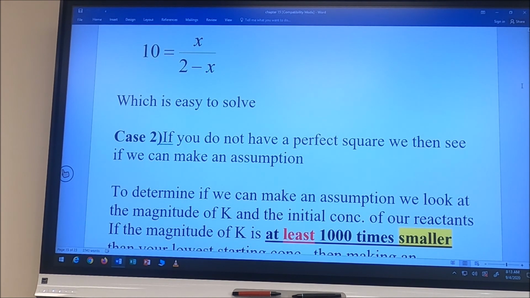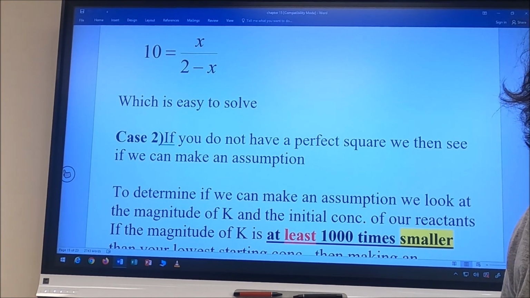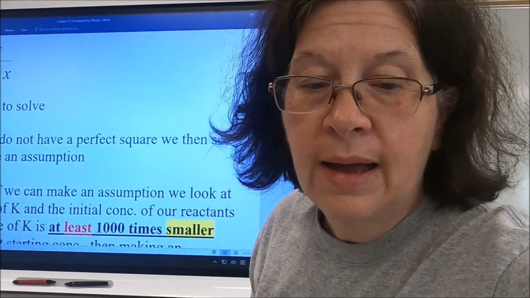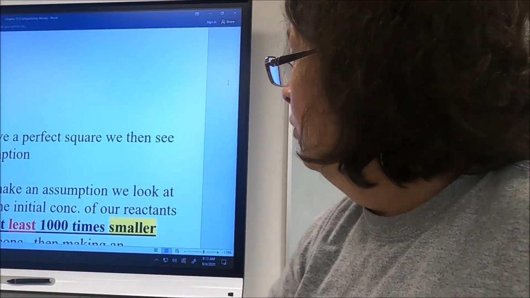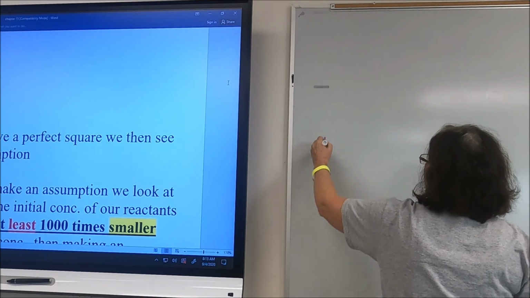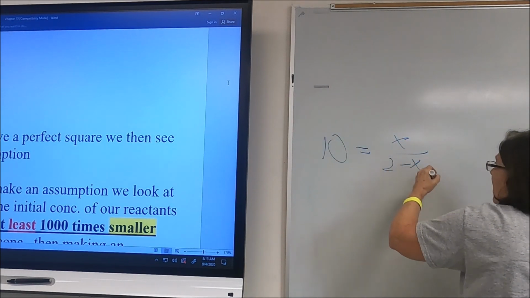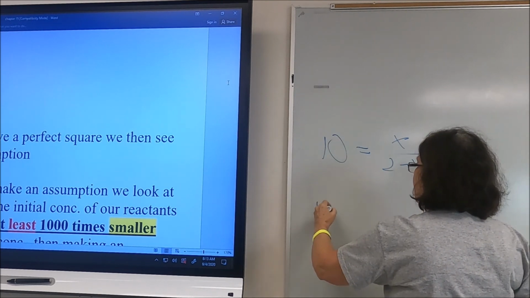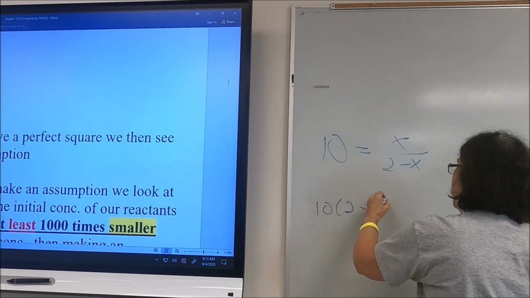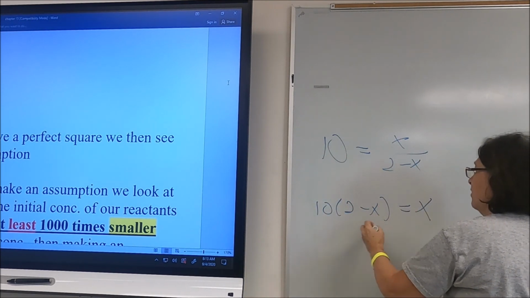Okay? When you get to this point, 10 equals x over 0.20 minus x, it's algebraically very easy to solve. So let me solve that out for you. If I have 10 equals x over 0.20 minus x, then I have 10 times 0.20 minus x is equal to x.